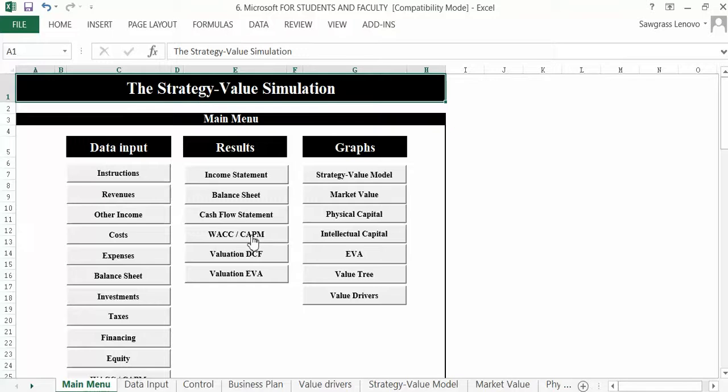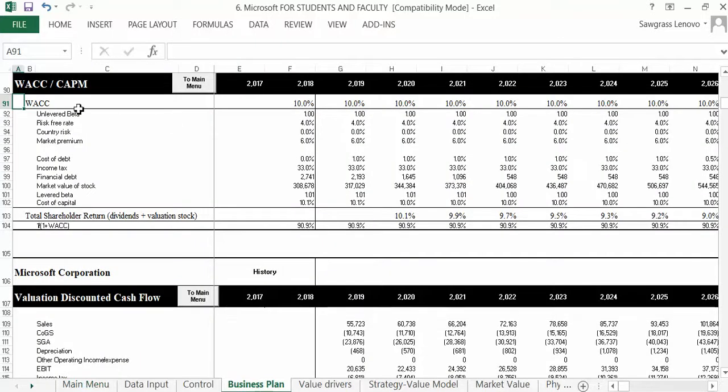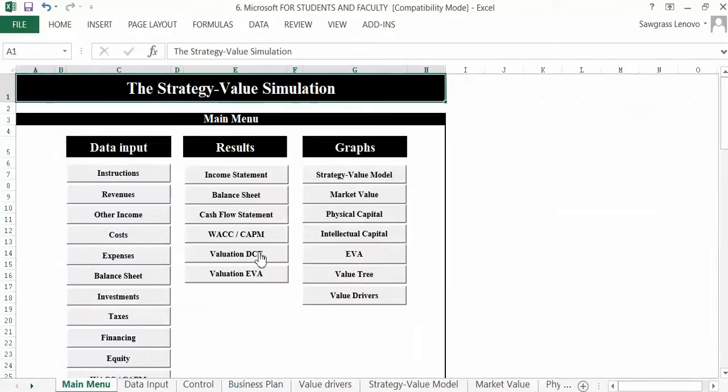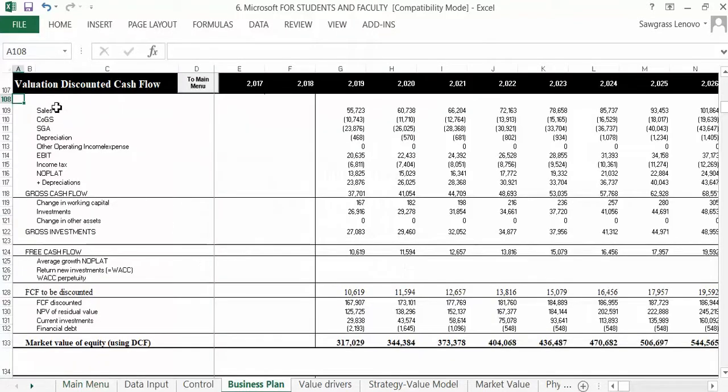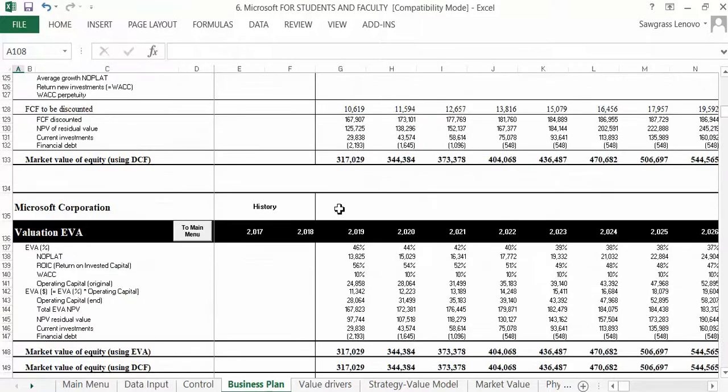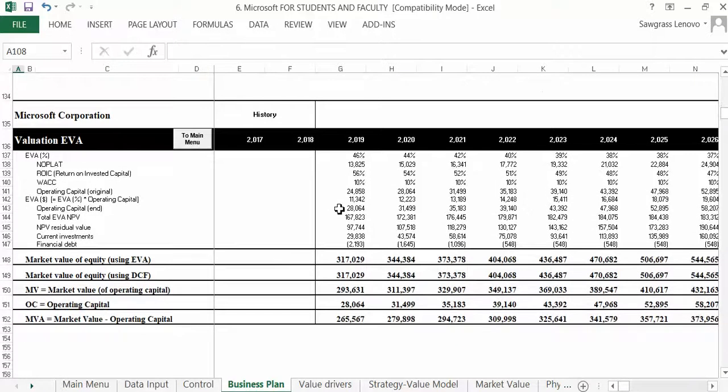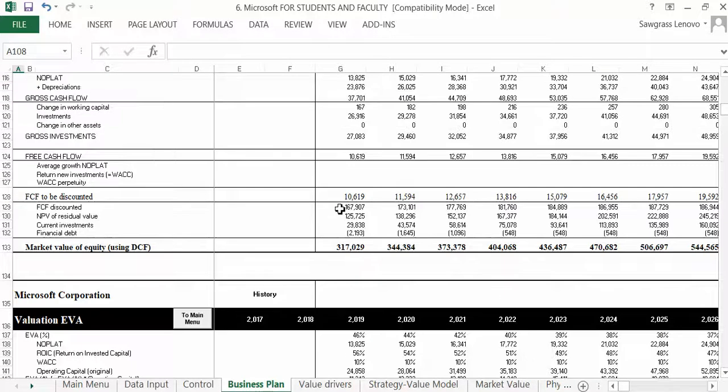Then you have the calculation of the WACC, the weighted average cost of capital. That's something that you need for the EVA. Then the simulation calculates the value of the company by using the DCF, the discounted cash flow. And right underneath, you have the same using the EVA. So you have both ways, the DCF and the EVA.